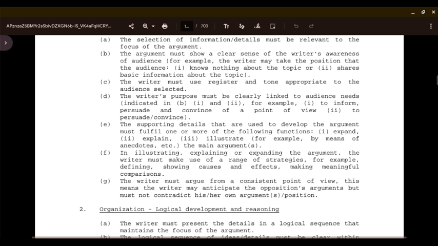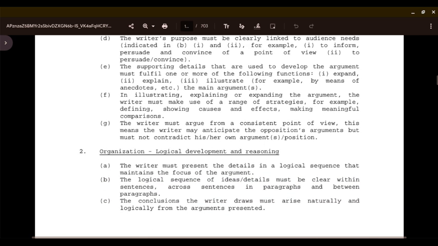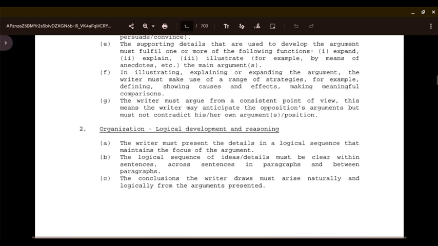This means that the writer may anticipate the opposition's arguments, but must not contradict his or her own arguments or position. I have my opinion about that, but like I said, don't shift from your point of view. Then our next area. This is still in area one, but this is organization, logical development, and reasoning.